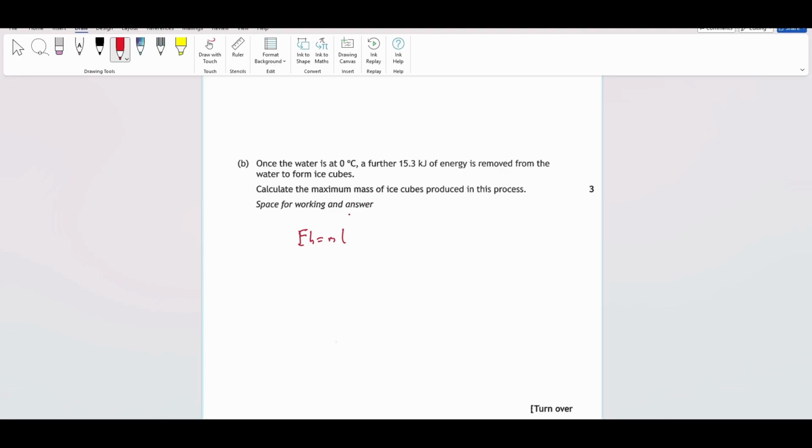So we use the specific latent heat of fusion of materials, and this for water is equal to m times 3.34 times 10 to the 5. And the energy removed is 15.3 times 10 to the 3. So to rearrange that for m, we do 15.3 times 10 to the 3 all over 3.34 times 10 to the 5. And that gives us an answer of 0.046 kilograms rounded. And there's our answer.